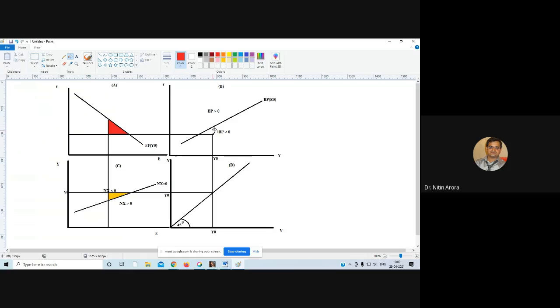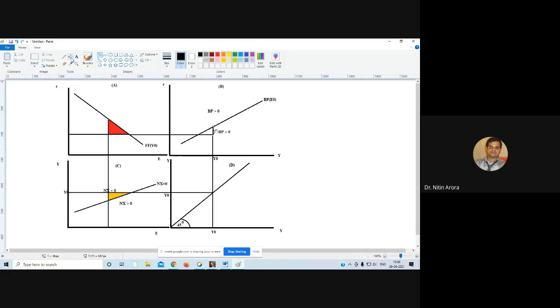But the issue is this much surplus is not sufficient to overcome the deficit in current account, and so the balance of payment deficit to this tune has been observed. You can see the difference.